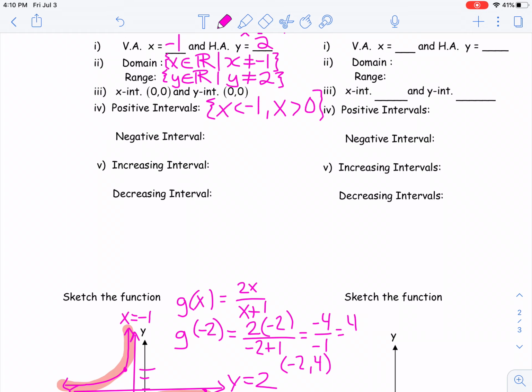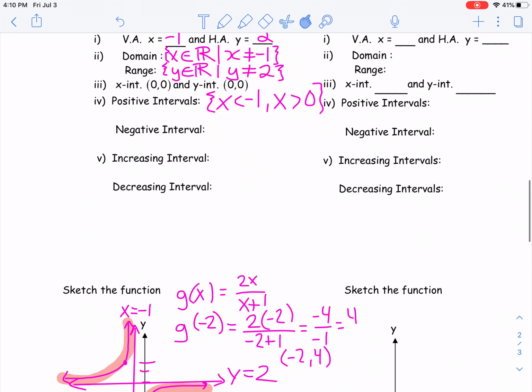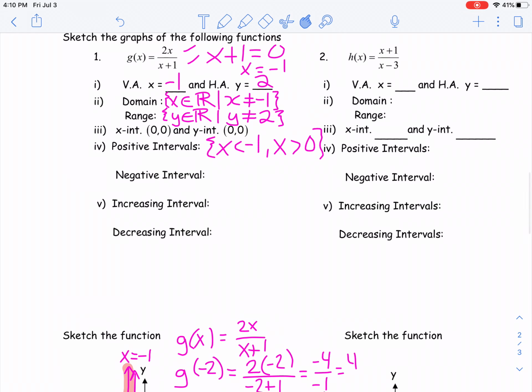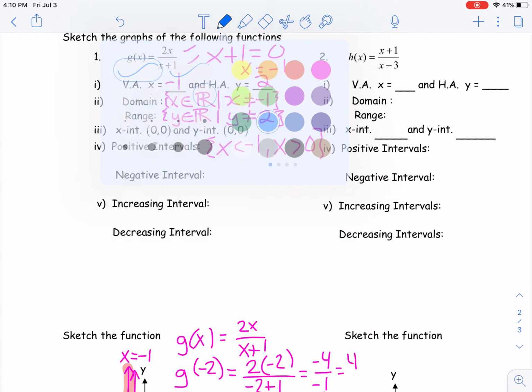In terms of negative intervals, the graph is only negative between -1 and 0. So it's below the x-axis is what we mean by negative.